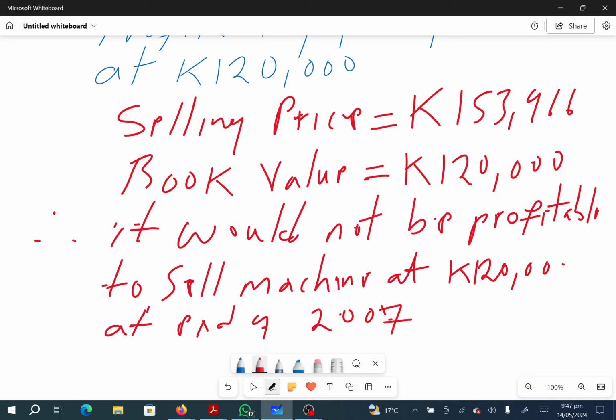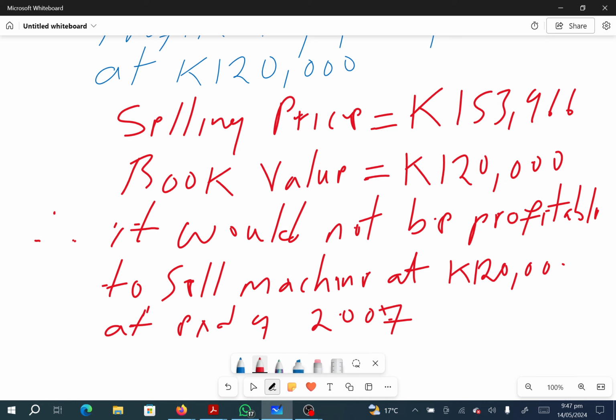Okay, so we are saying since the selling price is 120 and is less than the book value of 153,900, it would therefore result in a loss. And so it would not be profitable to sell the machine at 120 at the end of 2007.